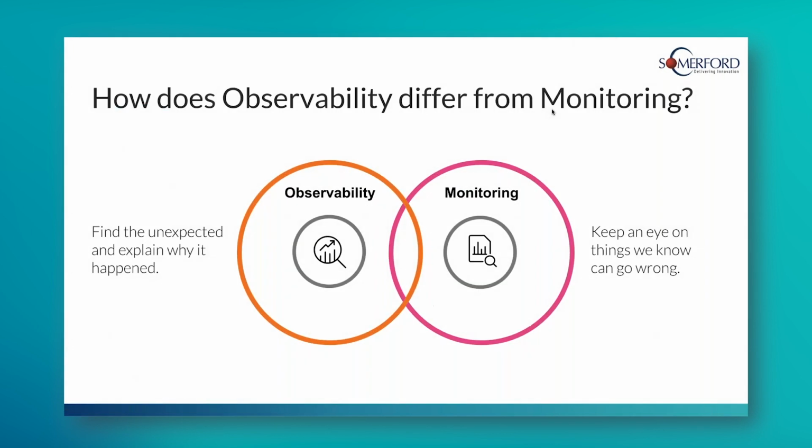I've heard a few people suggest that observability is just another name for monitoring. It's not entirely true. Observability builds on monitoring. You have to have monitoring in place in order to be able to do what we might call observability, or have a system that is observable. But there are a few key differences.